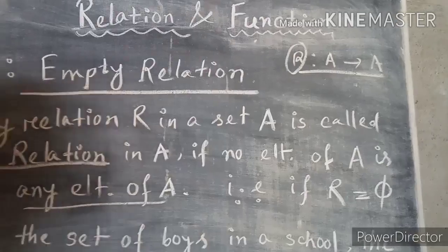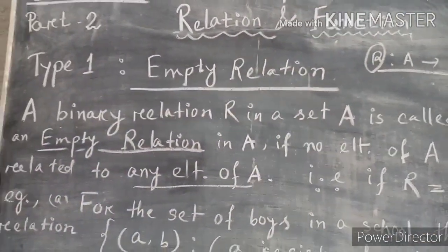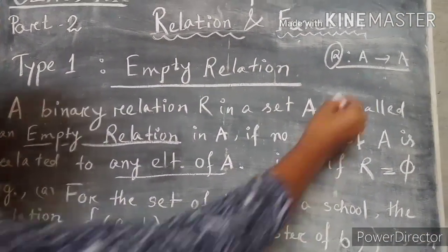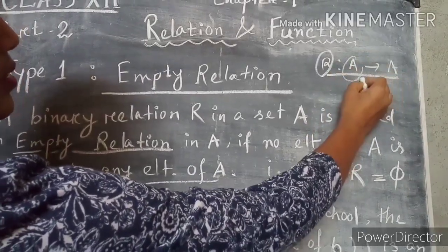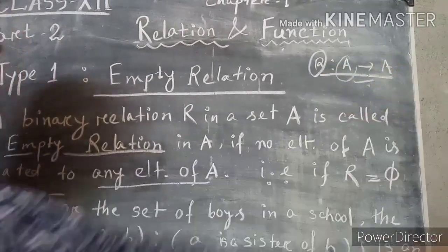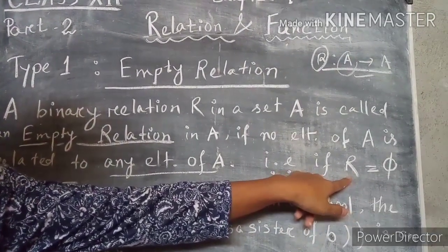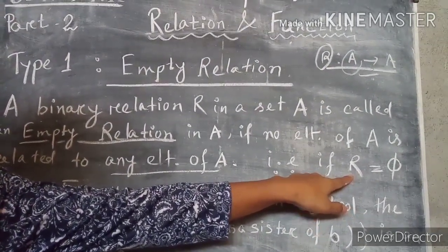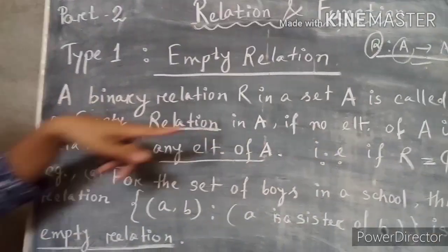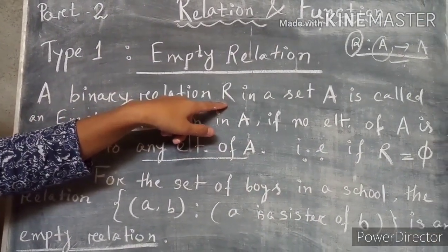This R will be called an empty relation if no element of A is related to any element of A. That means when R equals ∅, that is, R contains no element, we can say R is an empty relation.